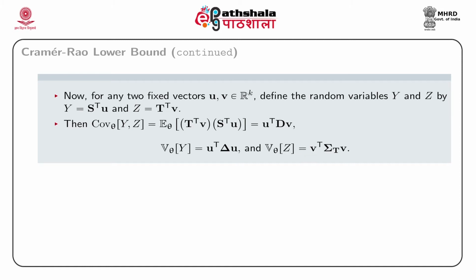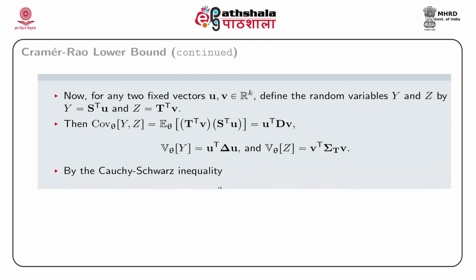This is so because the expectation of Y is equal to 0, because the expectation of S equals 0, and we get covariance of Y, Z is equal to u' D v, because the covariance between the vectors S and T is equal to D. Also, the variance of Y under θ is equal to u' Δ u, and the variance of Z under θ is equal to v' Σ_T v.